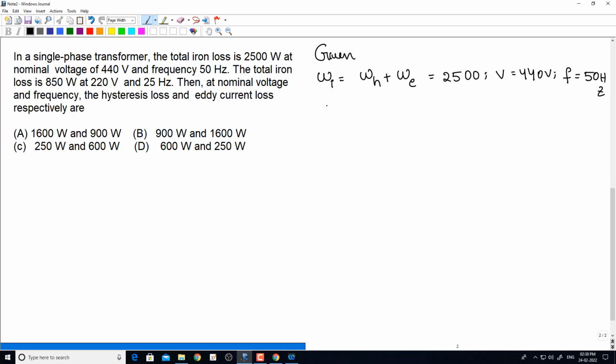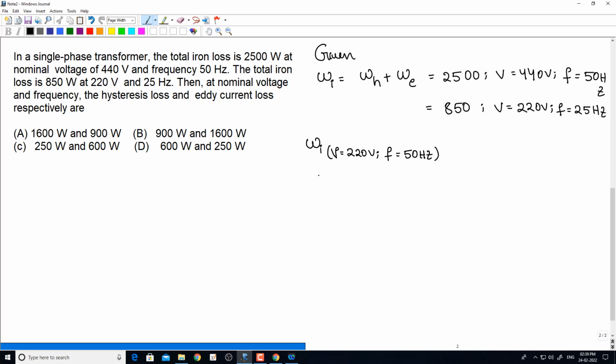Also, it is given that again total iron loss is 850 watts at voltage V equal to 220 volts and frequency equal to 25 Hz. So, we need to find out the iron loss at nominal voltage, that is V equal to 220 volts and F equal to 50 Hz.